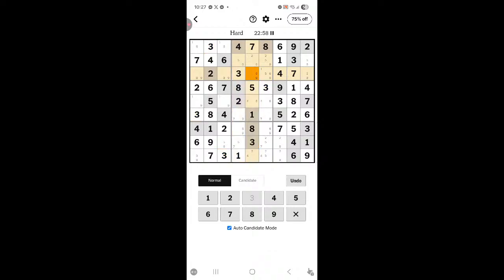Also not 9, so 6. Also not 9. Also not 8, so 5. Also not 9, so 1.